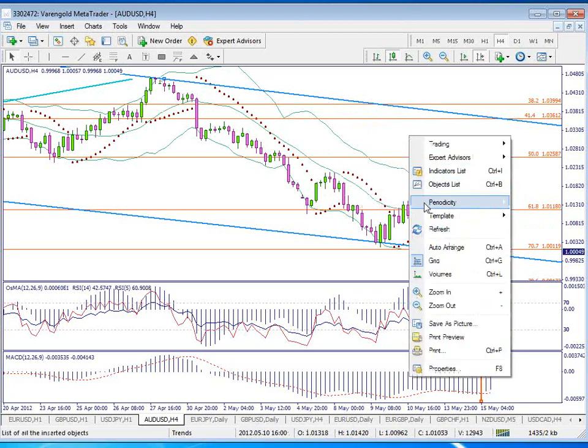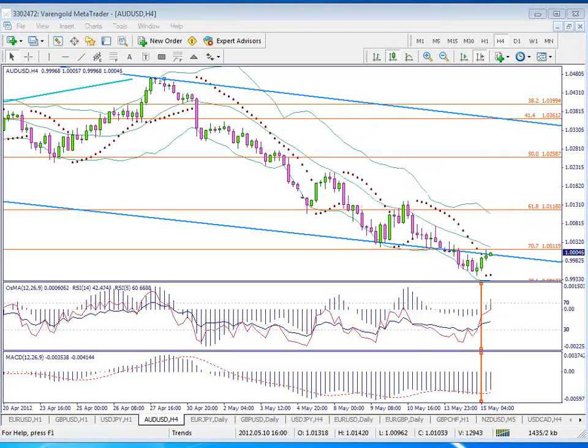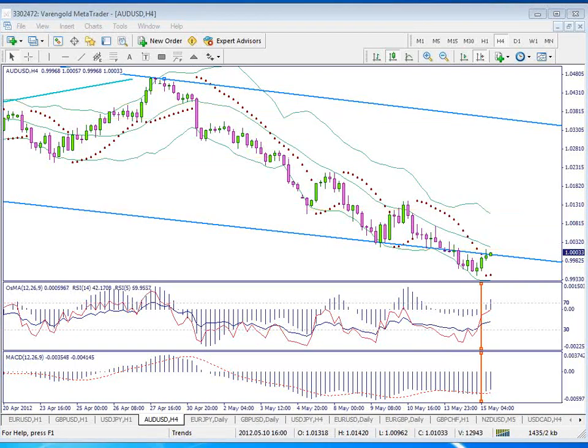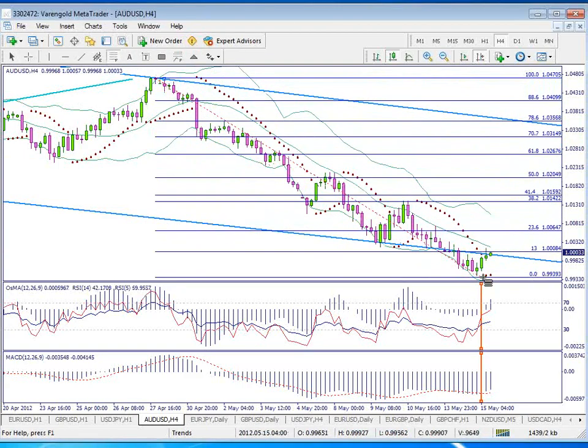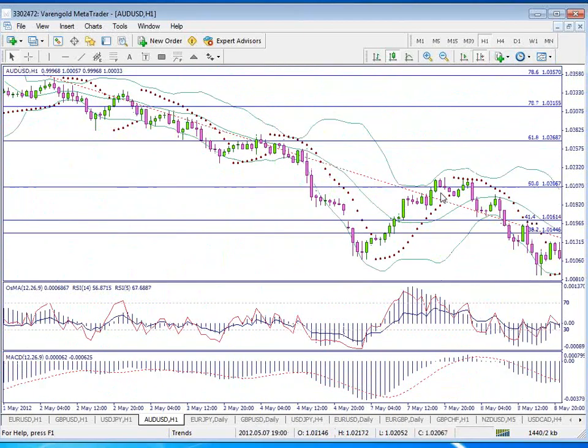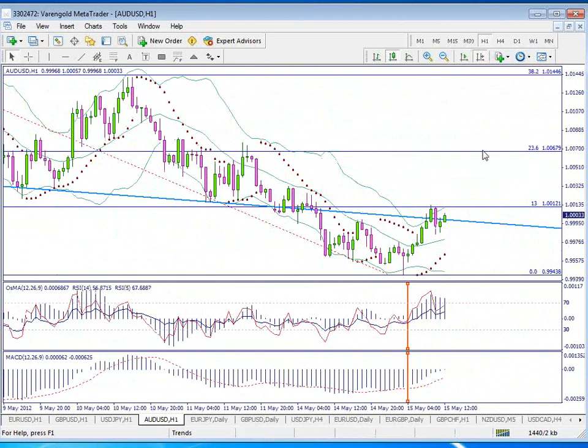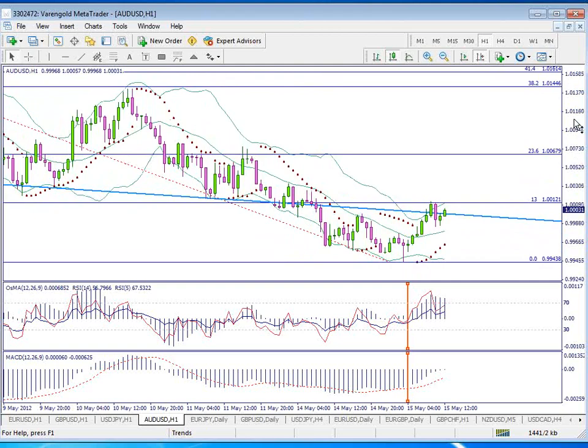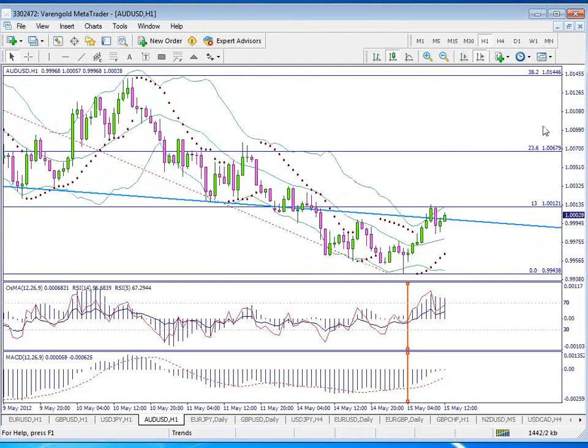I will delete also that Fibonacci because I don't want for you to have any confusion, and I will simply put the Fibonacci onto this wave, and as long I have also the signal into 1 hour, I will look for a trade at least 38 for the first target.